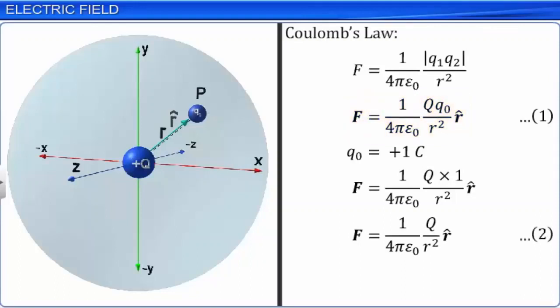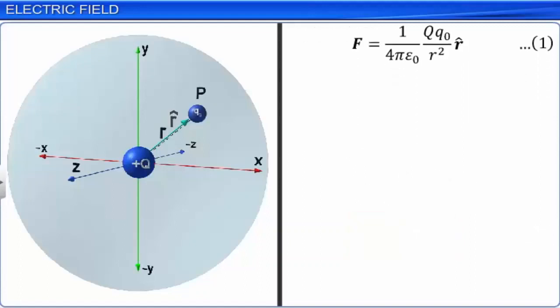Equation 2 indicates the electric field strength or intensity of electric field E, which is the force on a unit positive charge acting at a particular point in the electric field. Therefore, the electric field strength due to charge q at point P is E equals 1 by 4 pi epsilon naught q by r square into r cap.